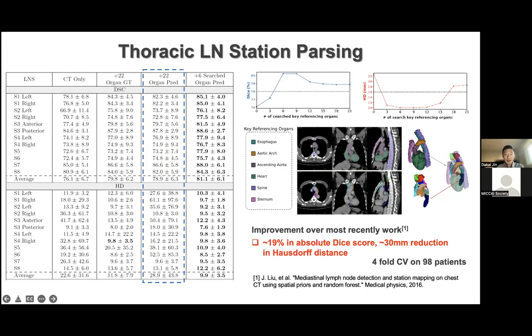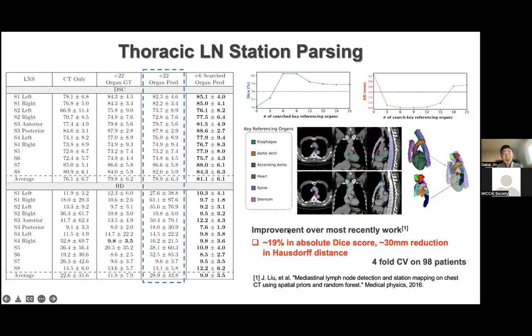And those 6 organs determined are listed here. After we take a close look, we found that those are organs that are easy to segment, have stable performance, and are also closely related to many station boundaries, which is intuitive to what a human would interpret.